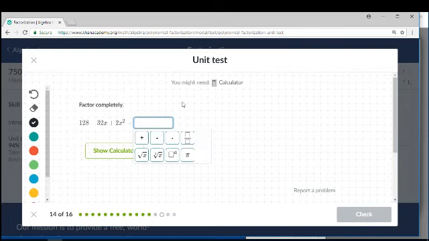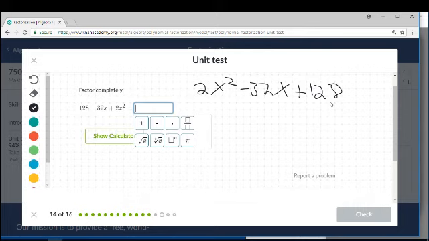All right, 2x squared minus 32x plus 128. I'm going to factor the 2 here.